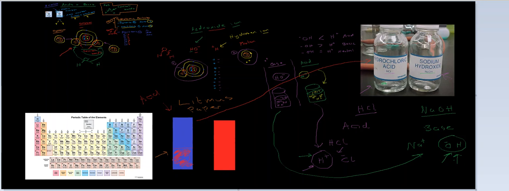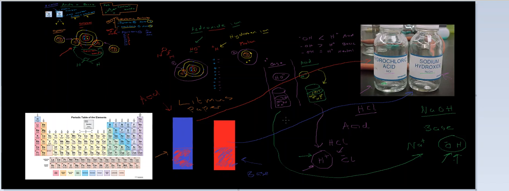And the opposite then, if you were to take this red litmus paper and put it into the base, the sodium hydroxide, it'll change red litmus paper to blue. That's the base. And that's just one way that you can distinguish one from another.